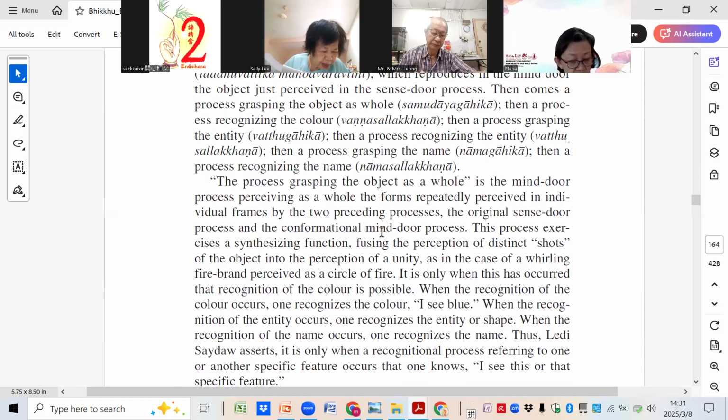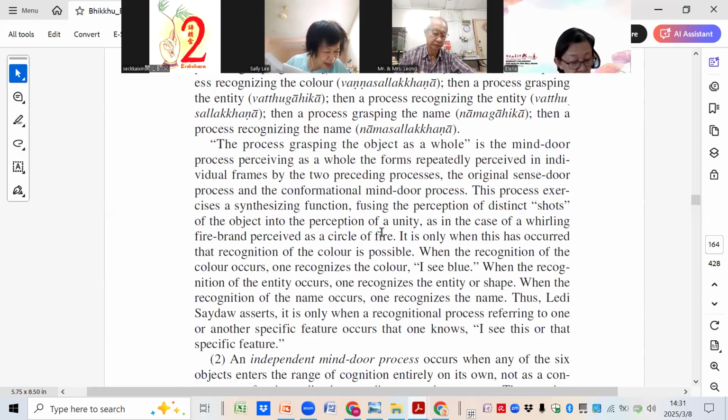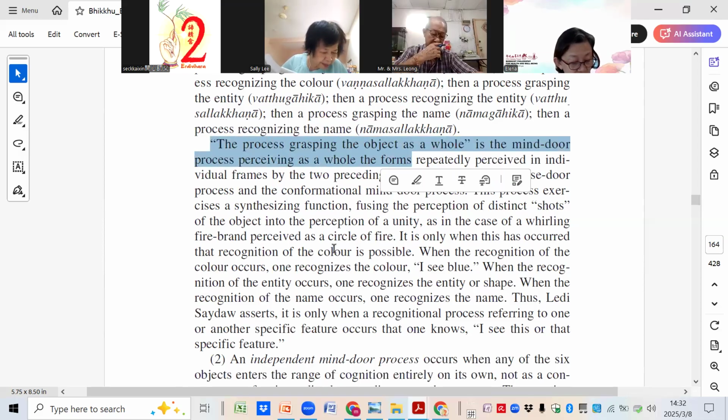Vanasa Lakhana, then a process representing the entirety, Vitu Gahiti, then a process recognizing the entirety, Vastu Salakahana, then a process representing the name, Nama Gatika, then a process recognizing the name, Nama Salakahaka.